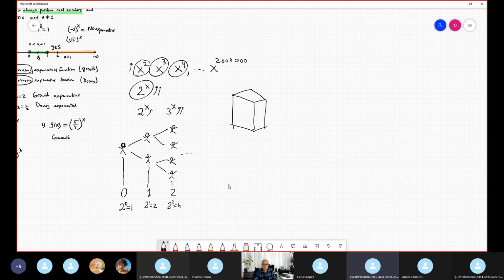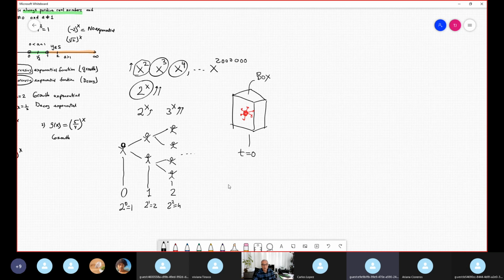Suppose you have a box, and inside the box, I put one coronavirus here. This is the situation at t equals 0.